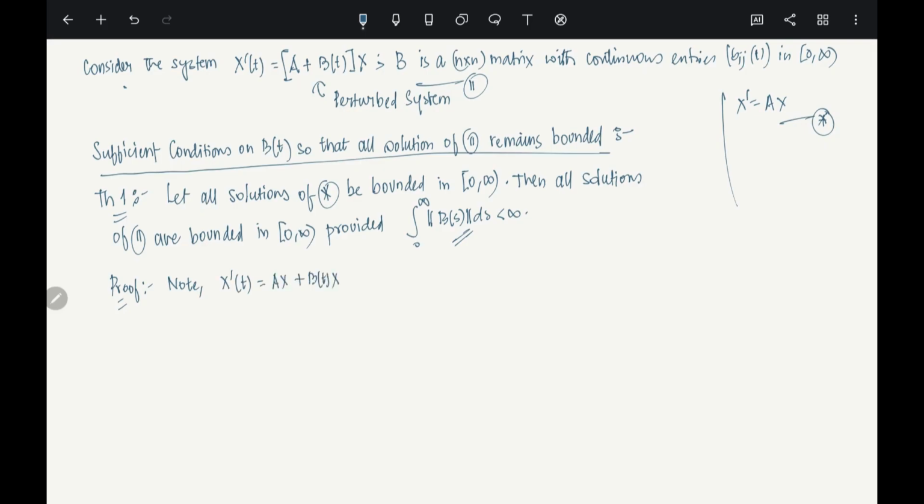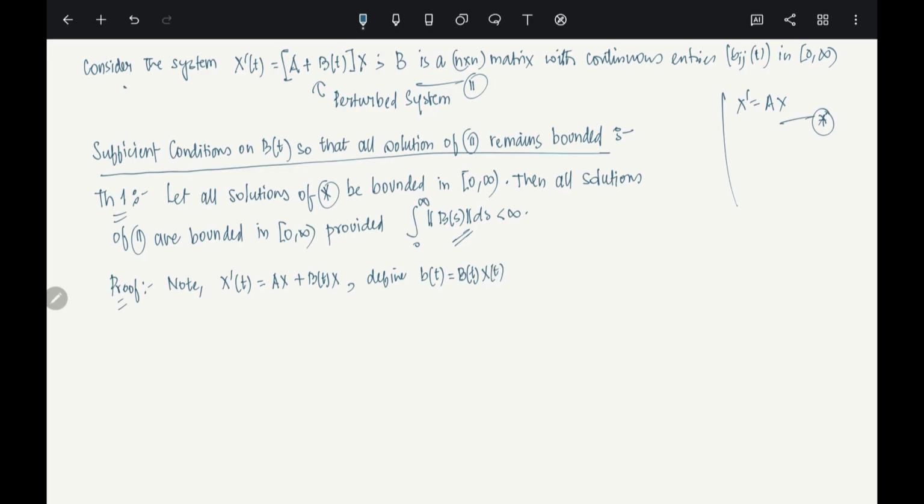Let's call this term small b of t. Define small b of t as capital B(t) times x. See, x is also a function of t, so capital B of t times capital X of t, I will just write it as b of t.